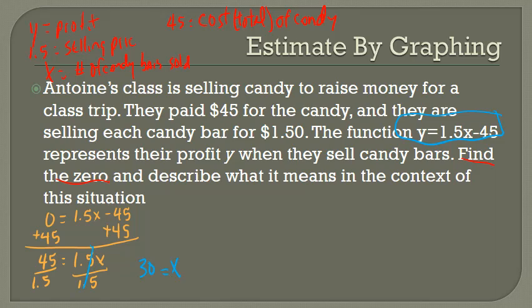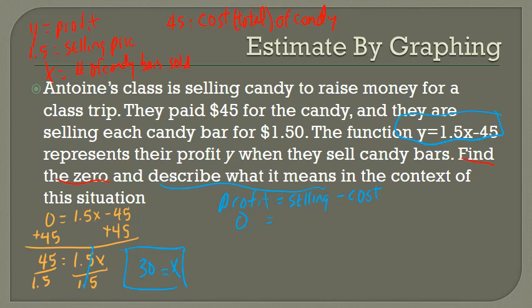Now, the second part of this, describe what this means. What does this mean? Well, if profit equals selling price minus cost, and I say that when my profit is 0, I have to sell 30 candy bars.